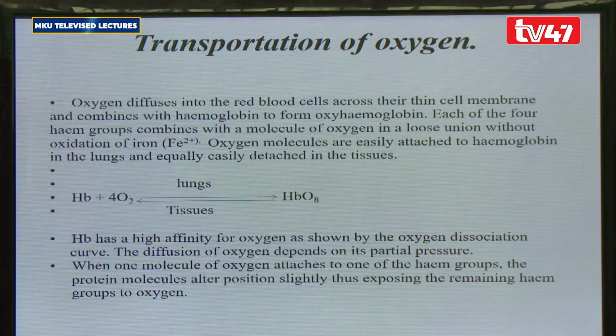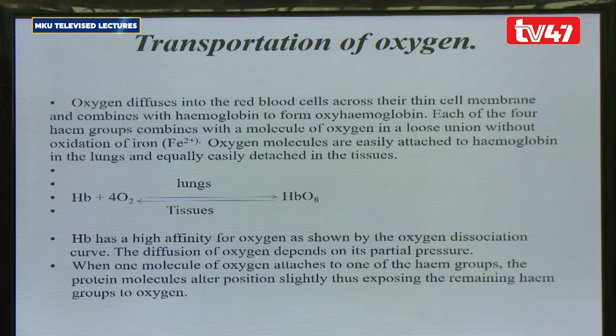This combination happens in the lungs, where the air comes in with the oxygen for gaseous exchange to take place. The oxygen is then carried to the body tissues by the red blood cell in this combined form as oxyhemoglobin. In the body tissues, we expect the oxyhemoglobin to release its oxygen to the body tissues.